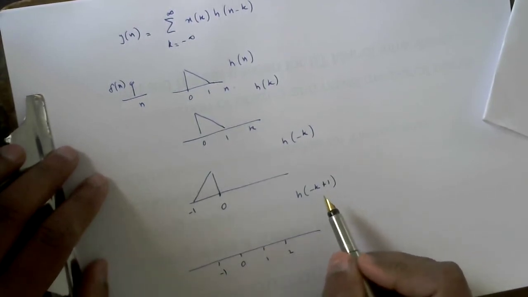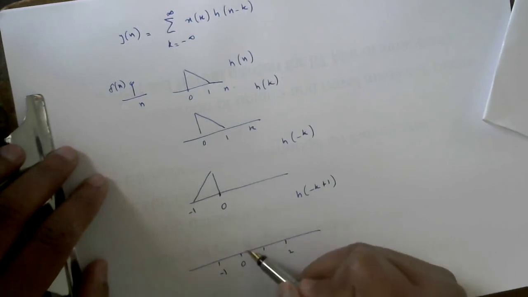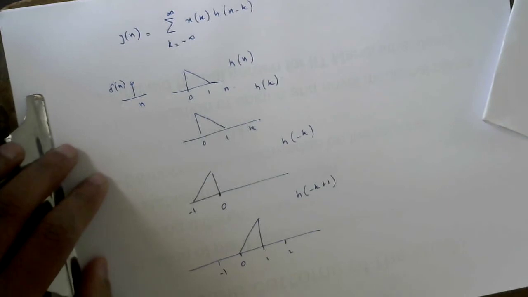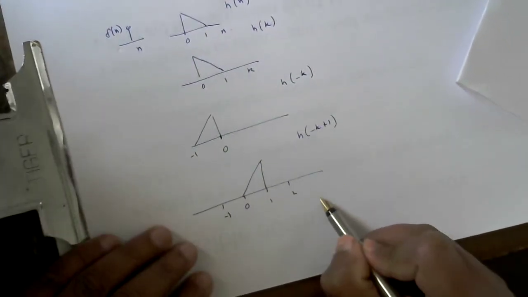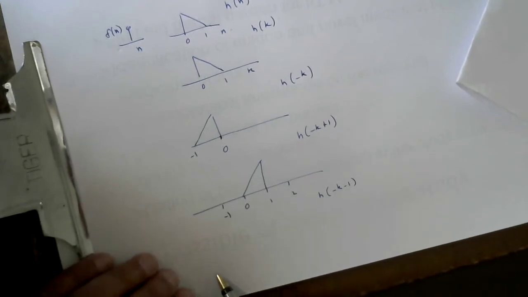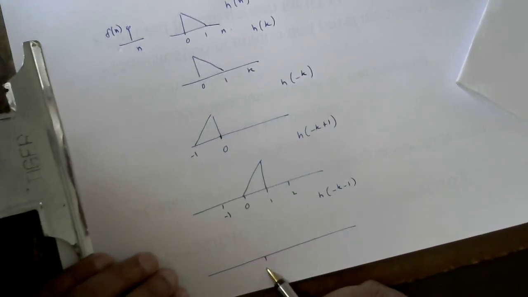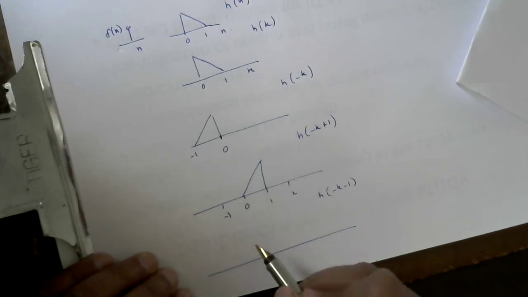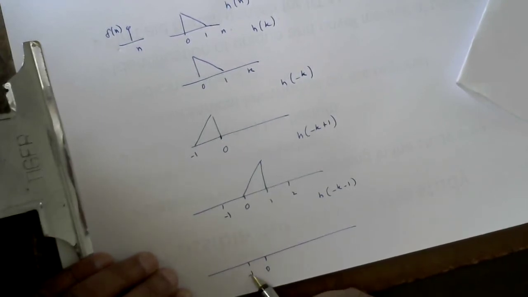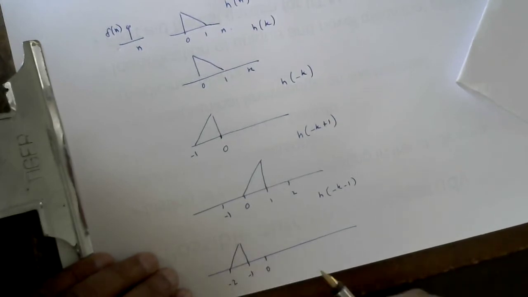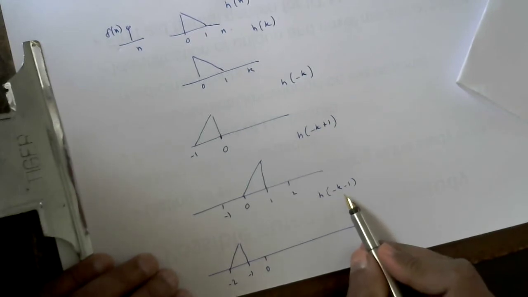H of minus k plus 1 will now become shifted like this. H of minus k minus 1 on the other hand would become, this is minus 1, this is minus 2. This will be h of minus k minus 1.